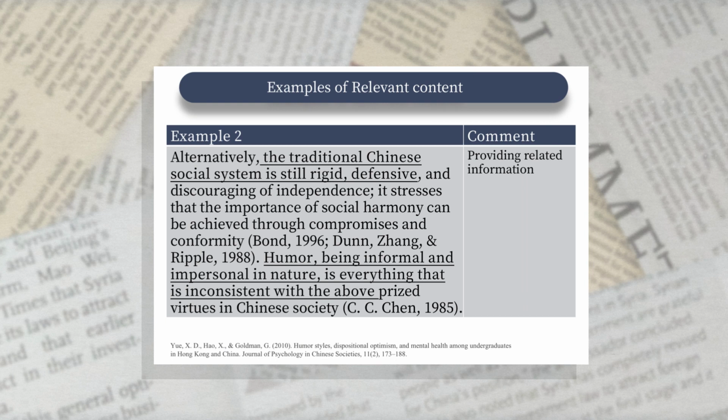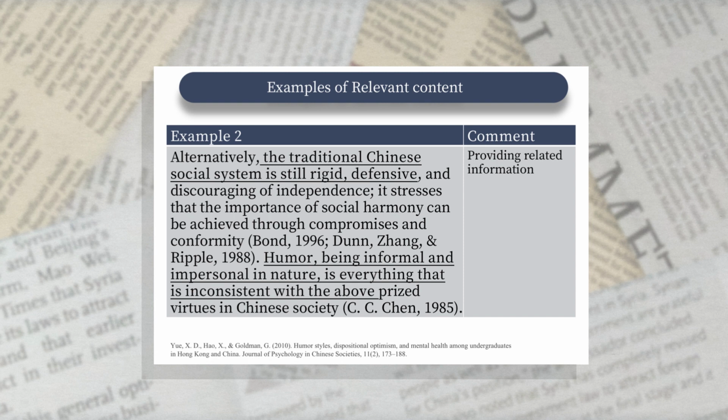Optimism is an important predictor of social adjustment, and many studies have shown it to be positively associated with aspects of psychological and physical well-being in a range of cultures, including mainland China and Hong Kong Chinese society. And in this sentence, I was providing well-documented factual information rather than speculative information.